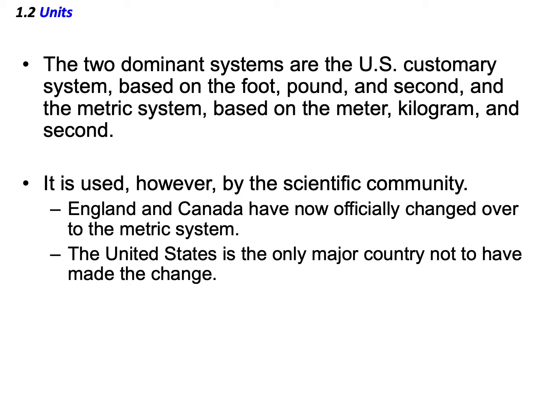Mainly there are two unit systems we use in the US. The first one is the US customary system based on foot, pound and second, and the second system is the metric system based on meter, kilogram and second. The scientific community uses the metric system, or SI system.